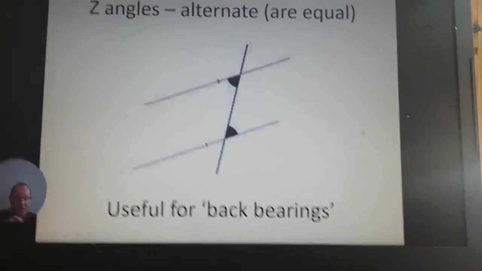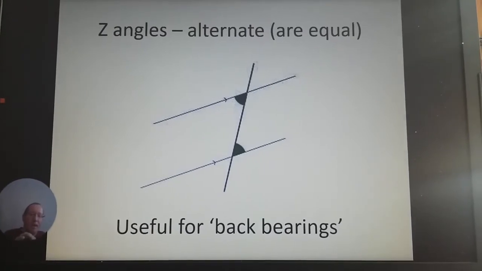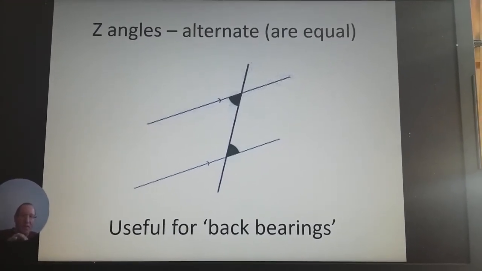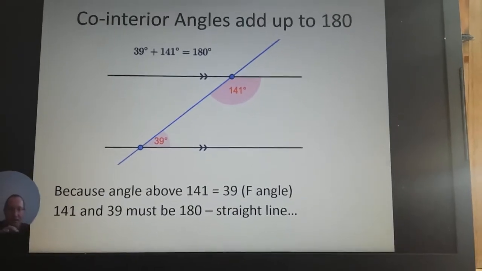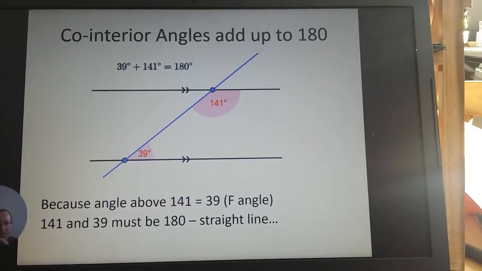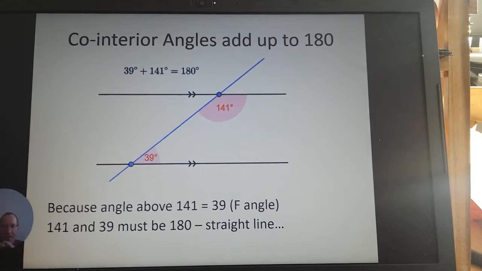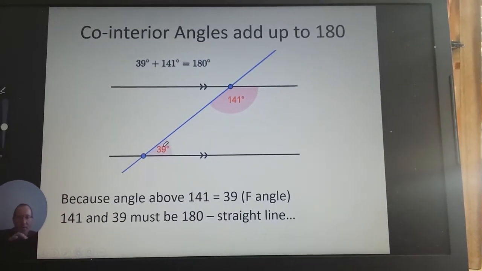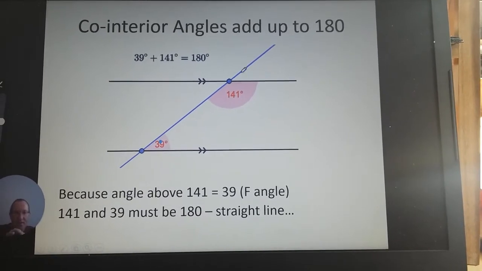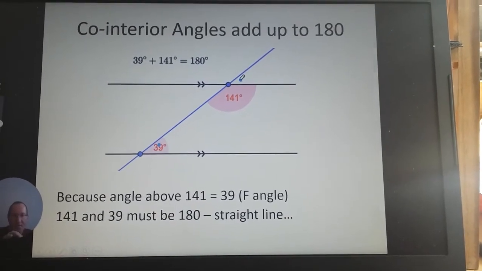So as I said, we need to remember those alternate angles, in particular Z angles. They're useful for working out things called back bearings, and also this idea of co-interior. So this is where the pen comes in handy, because I can show you that if we use the F angle rule, that's 39, then this is going to be 39 as well.